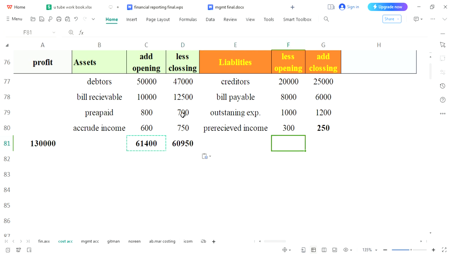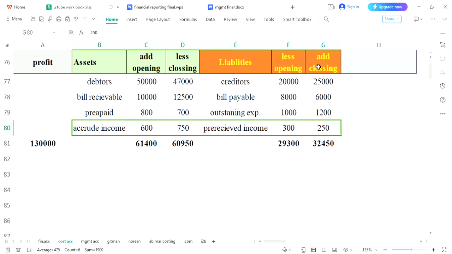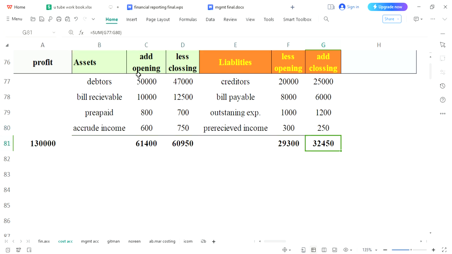Then you will take the sum of all the amounts of opening liabilities. Then you will take the sum of all the amounts of closing liabilities. So we have got sums. Over here you can put an underline so that there must be a difference.